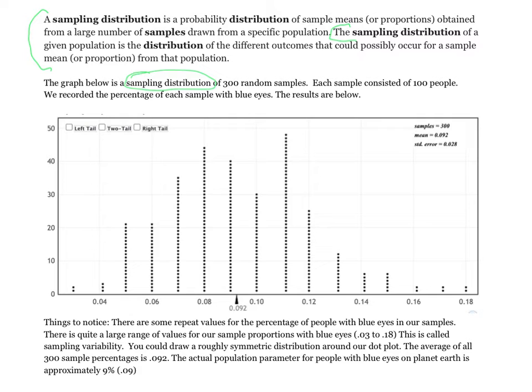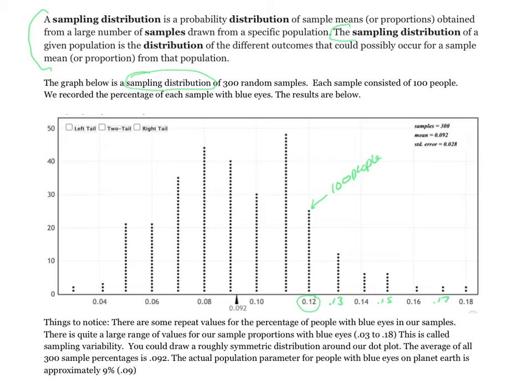Each dot on this picture represents a sample of 100 people. It's like that dot right there: it's 100 people, and I asked them, what color eyes do you have? And for that dot, I got 12 out of 100 people. These dots mean 13 out of 100, or 13%, 15%, 17%.